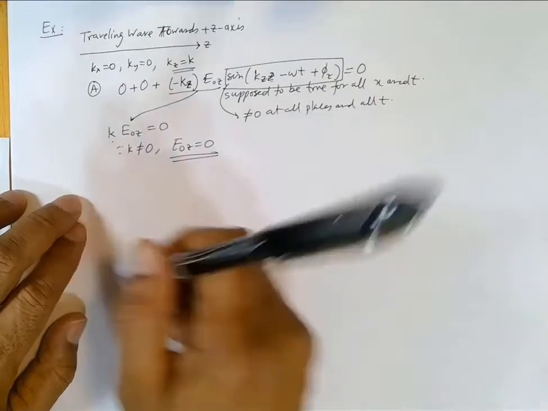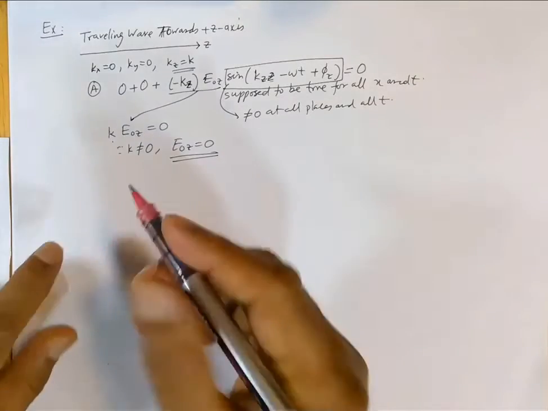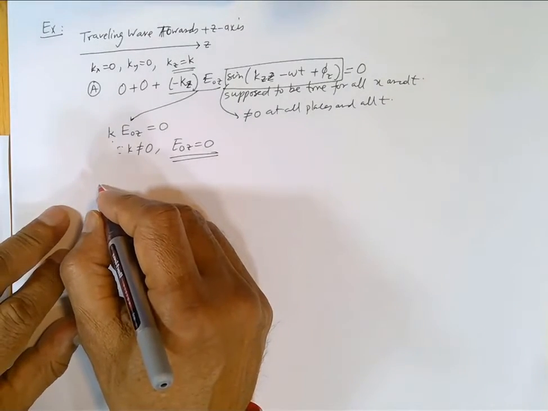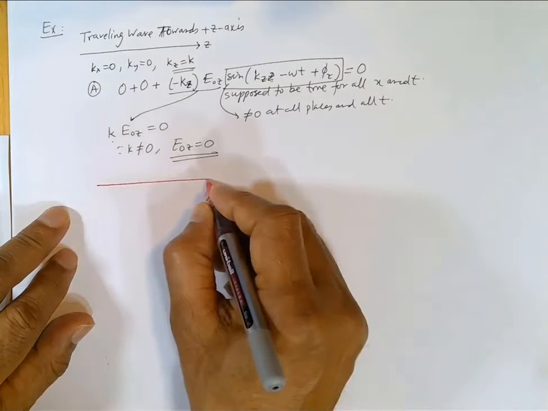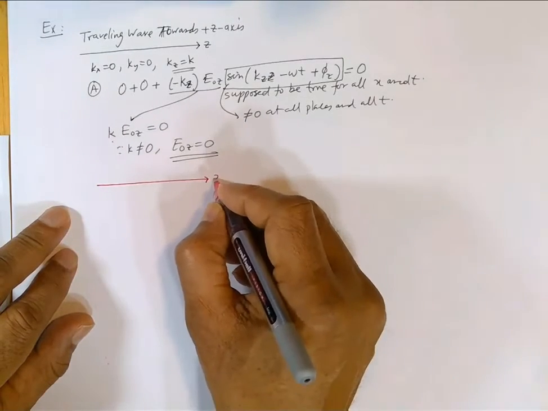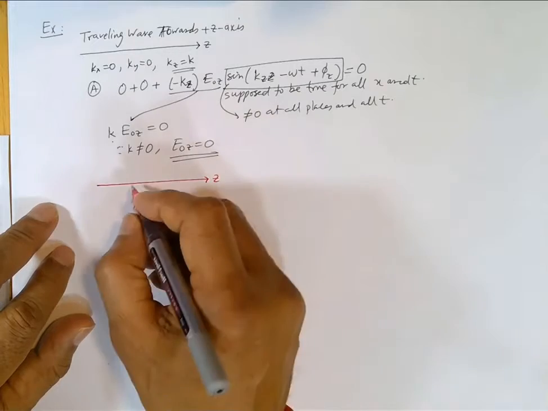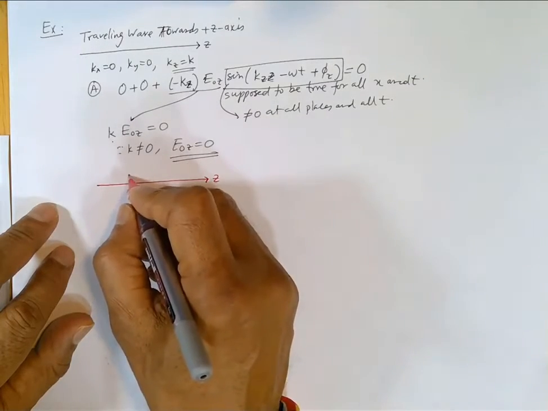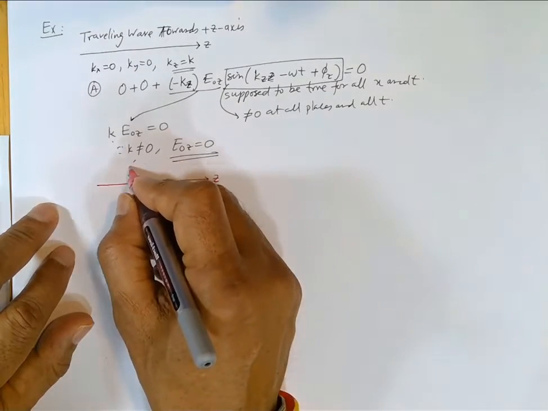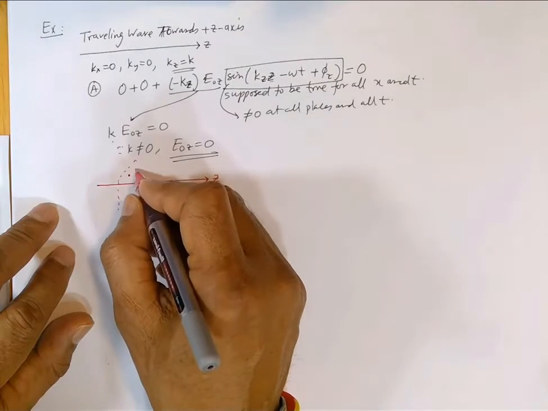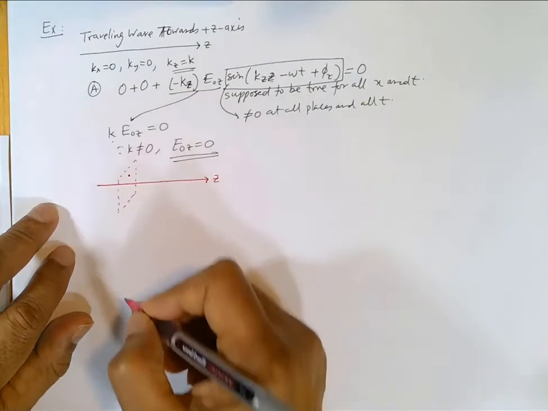So what this is saying is that if an electromagnetic wave in vacuum is going towards the z-axis, electric field at any point can only be in the xy. It can only have x and y component.